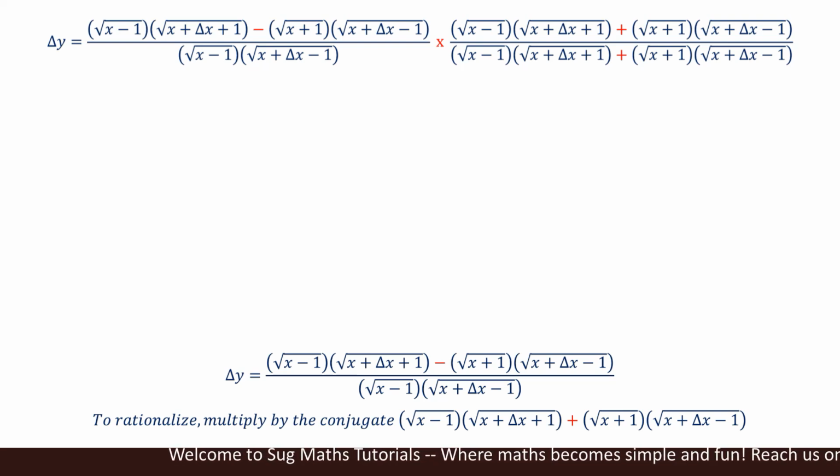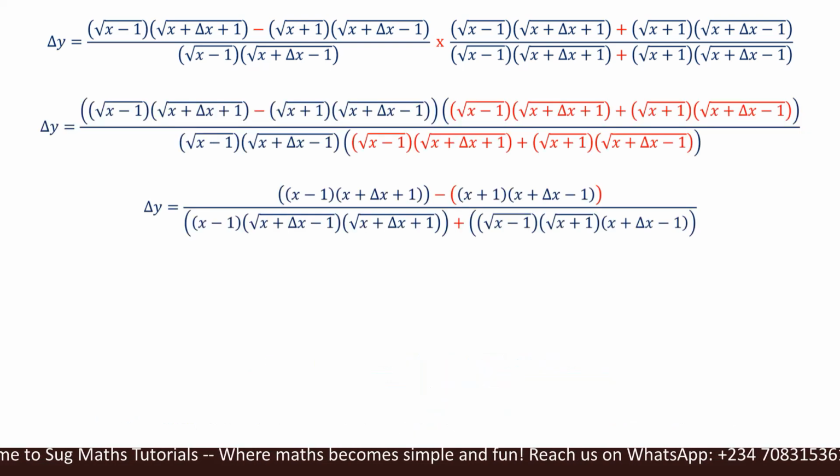Now, we simplify the entire numerator and then simplify the denominator. So when we multiply the numerator, we are going to have that change in y is equal to x minus 1 in bracket x plus change in x plus 1 in bracket minus x plus 1 in bracket x plus change in x minus 1. Yes, this is what we're going to have.